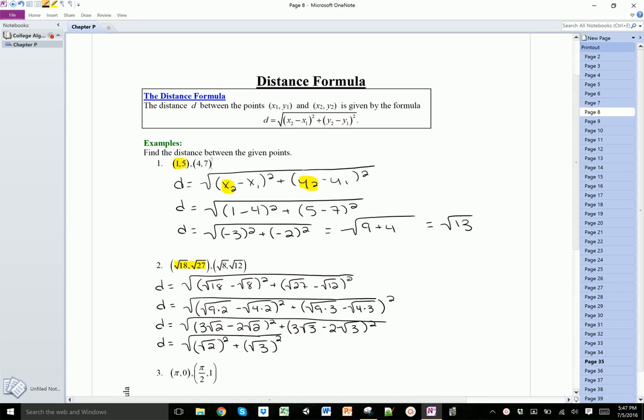Then square it. So, let's do it over here because I'm running out of room. The square root of 2 squared is just 2. The square root of 3 squared is just 3. And 2 plus 3 is 5. So my distance is the square root of 5.